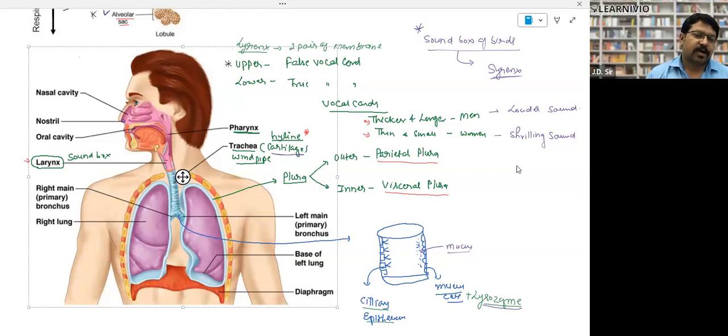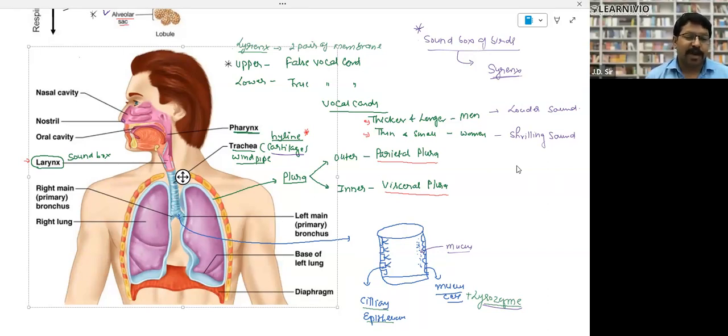Athletes are advised by their coaches that while running, if you want to maintain stamina, you should not take air from the mouth. You should take air from the nose and release it from the mouth, because effective respiration is done when we take air through the nose only.